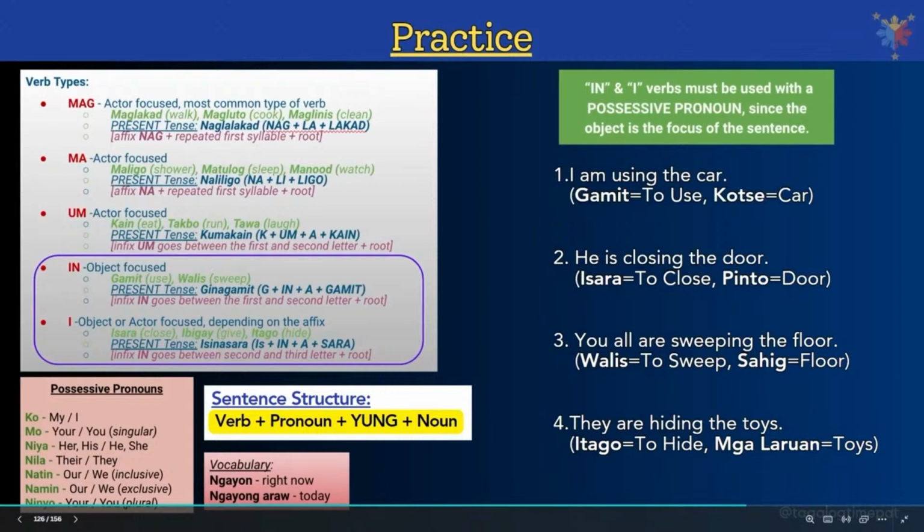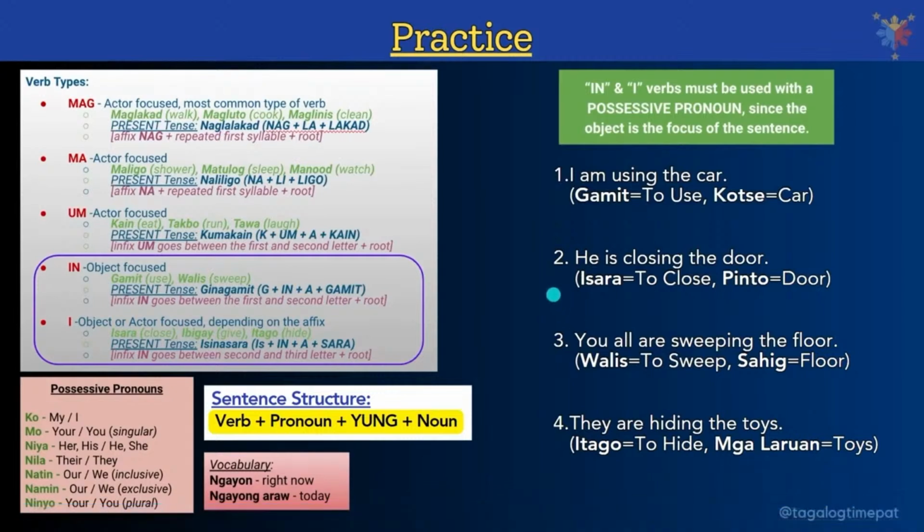To make a noun plural, you have to add this word mga. So let's do the first one together. Just so we're on the same page, keep an eye on your new sentence structure here, verb plus pronoun, then yung, then the noun. So I am using the car. Gamit is to use. In the present tense, it's ginagamit. Remember, the in just goes between the first and second letter, and then it's the root.